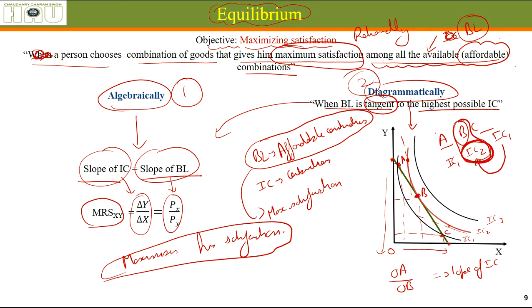So at the point where the budget line is tangent to the indifference curve, both the budget line and the tangent to the indifference curve are the same, and that's why the slopes of these two lines are going to be the same.